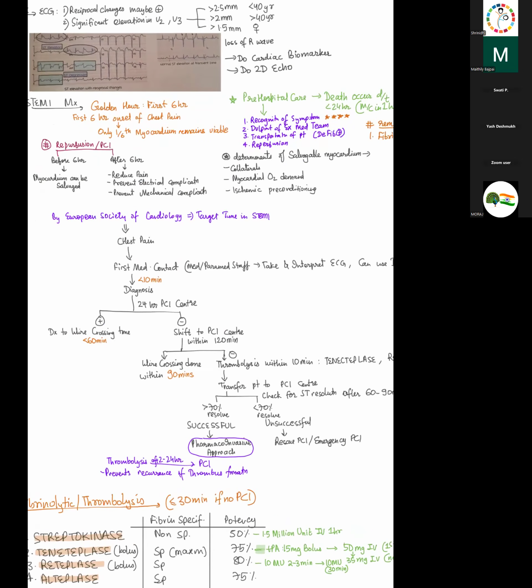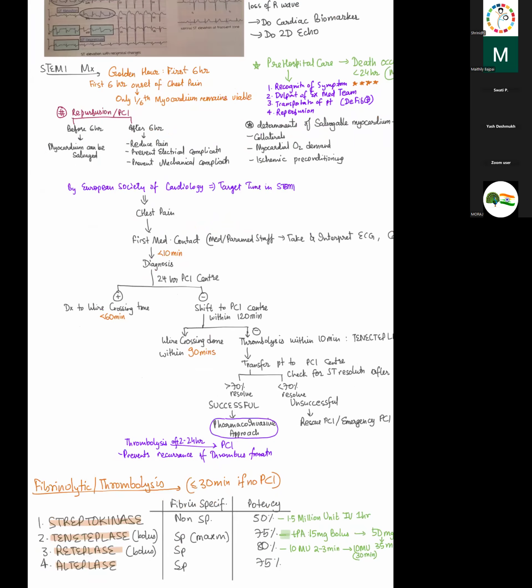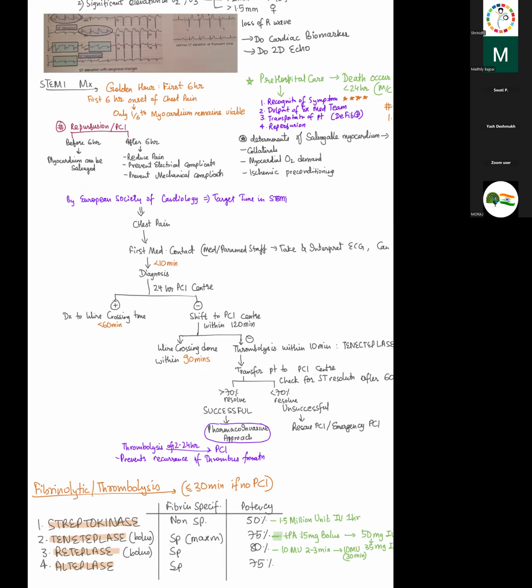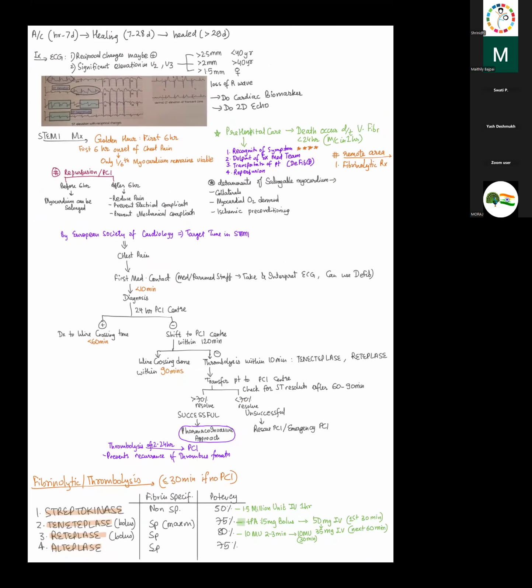Next, what is thrombolysis? Thrombolysis includes drugs like streptokinase, tenecteplase, reteplase, and alteplase. Tenecteplase and reteplase are fibrin specific, while streptokinase is not fibrin specific.